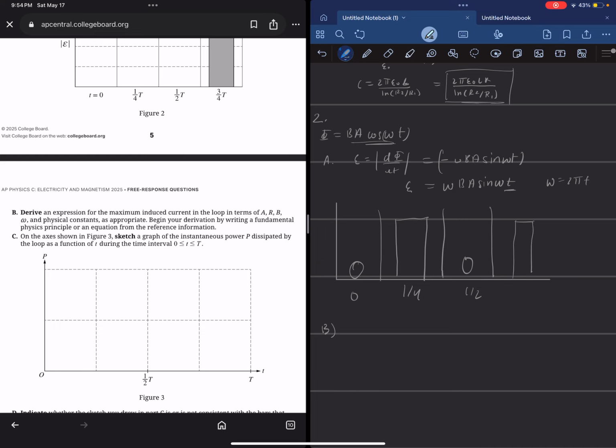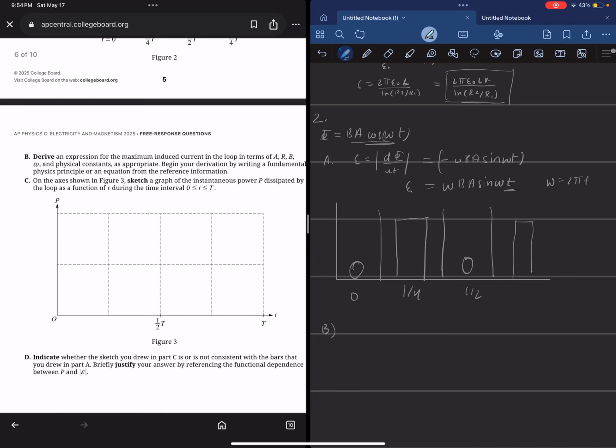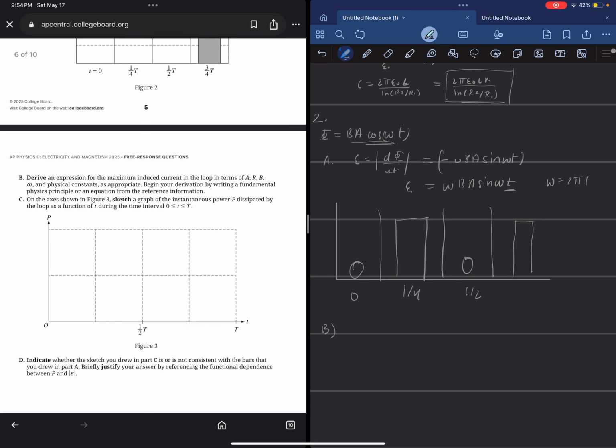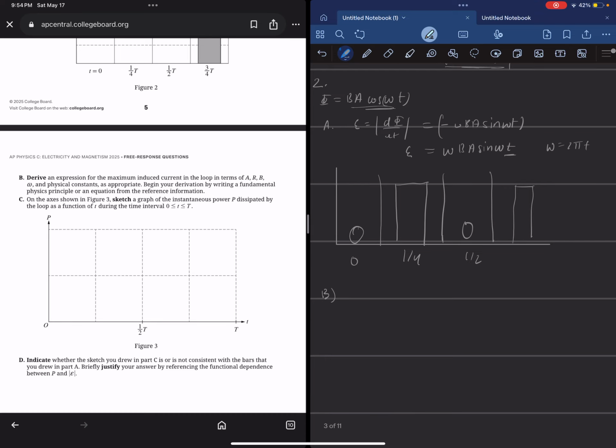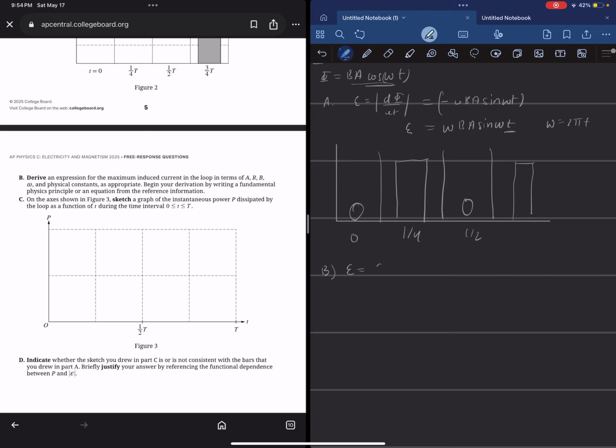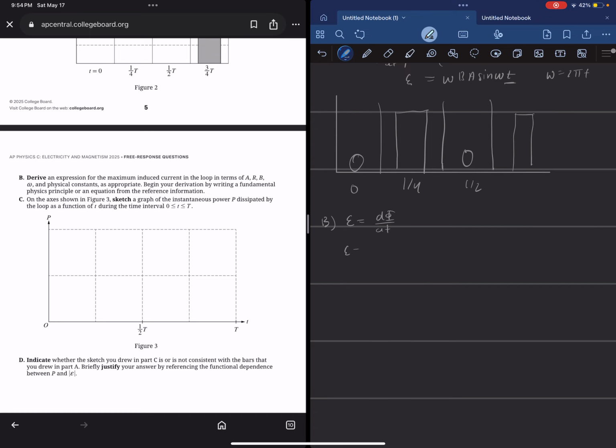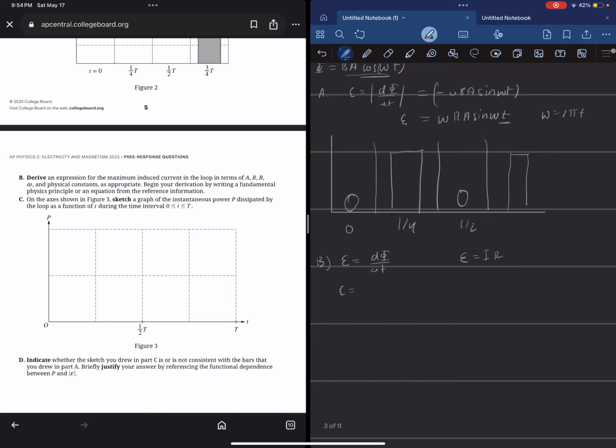What else we got? Part B, yeah. Derive an expression for the maximum induced current in the loop. I mean, we pretty much did half of it. We have E equals the change in flux with respect to time, and E also equals I times R, Ohm's law.